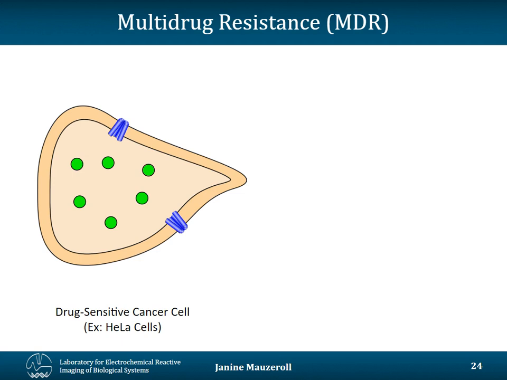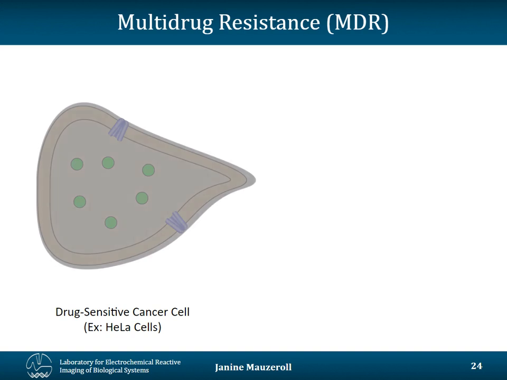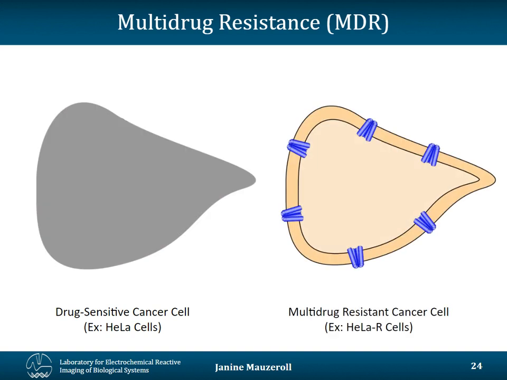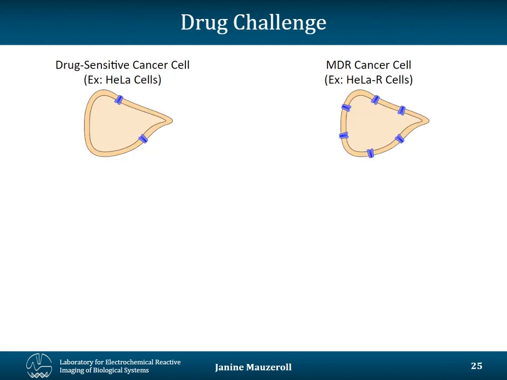Now, when a person has cancer and is exposed to large amounts of chemotherapeutics for a large time, here highlighted in green, the expression level of these transmembrane pumps in purple is increased. And you develop the phenotype of multi-drug resistance, which means that the chemotherapeutic agent is more easily exported out of the cell and therefore less likely to have the desired effect.